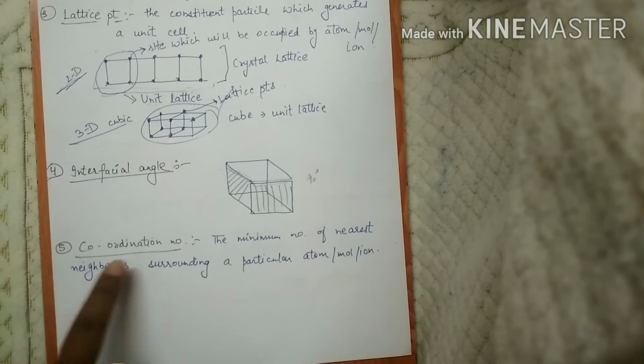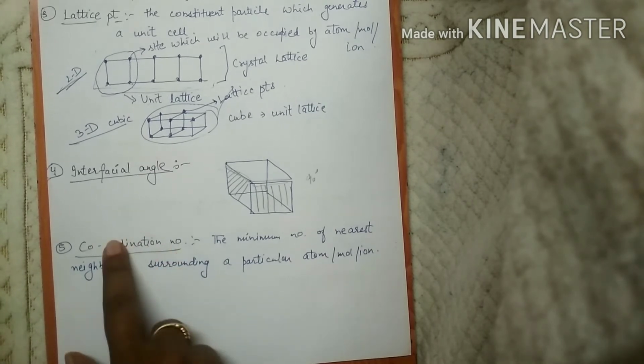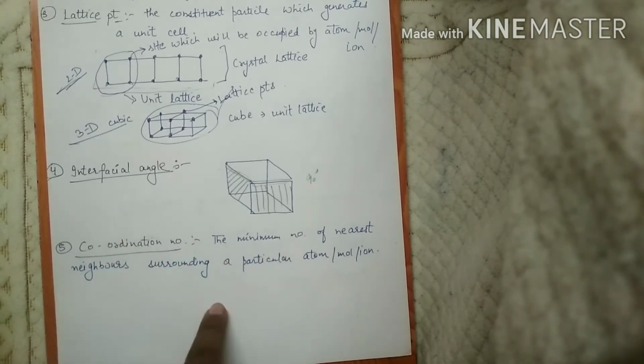So this we are going to understand once we see different types of unit cells, then we'll understand this better. Basically coordination number is the minimum number of atoms which will be present around a given atom. So that is going to be your coordination number.